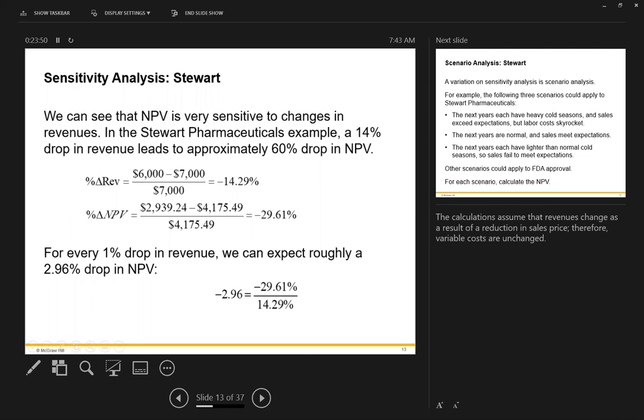So it'll be our new revenue, 6,000, minus old revenue divided by old revenue. So when revenue decreases $1,000, it'll decrease overall 14.29%.